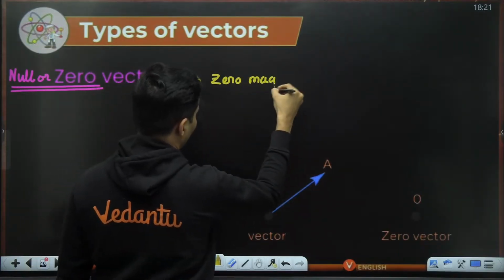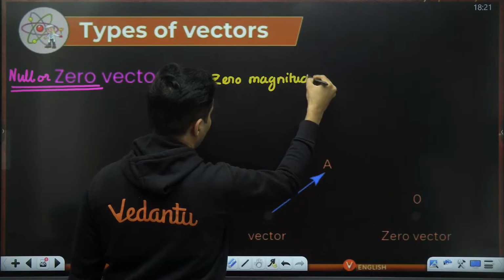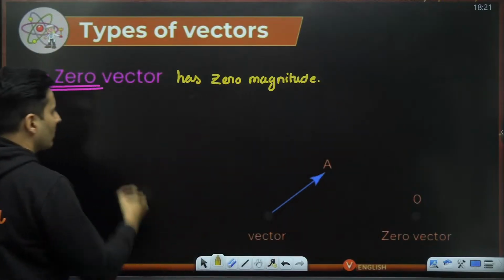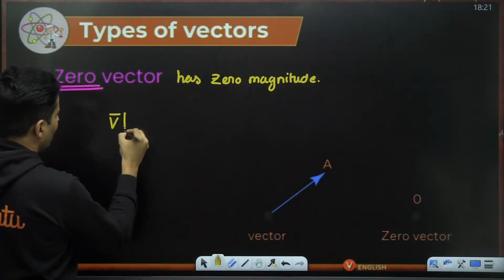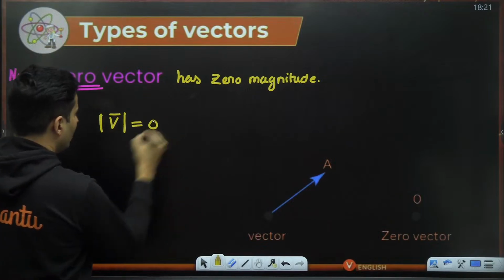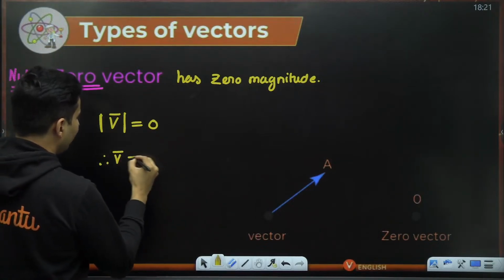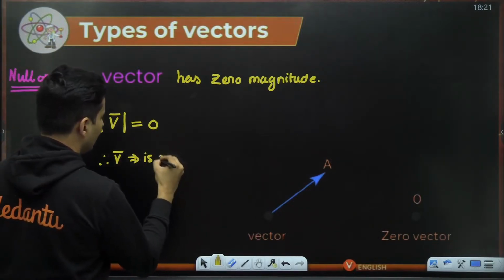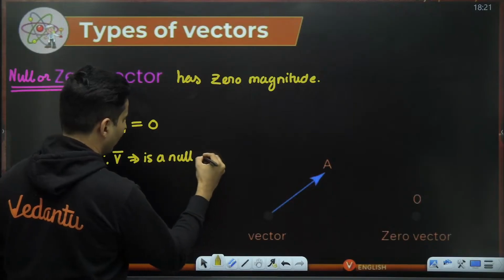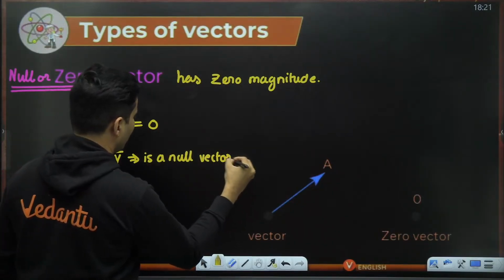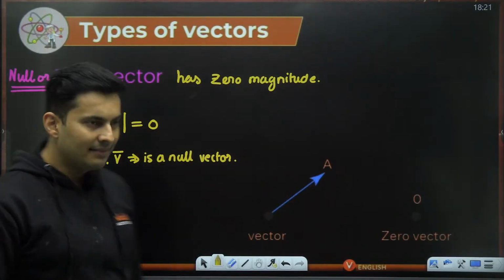Very important. So if I take a vector V whose magnitude is 0, therefore I can conclude the V vector is a null vector or a 0 vector. So a vector with 0 magnitude is called a null vector.